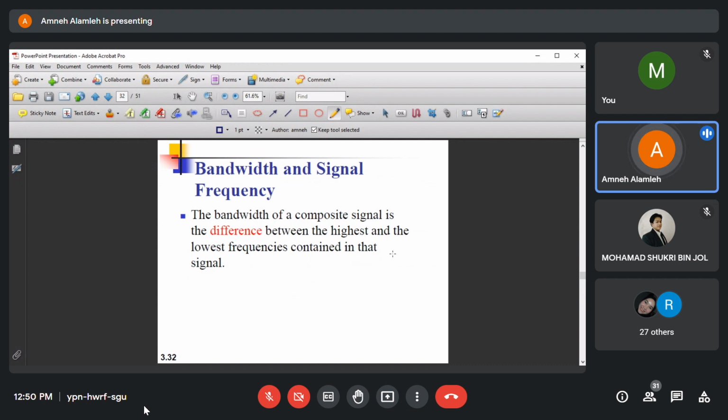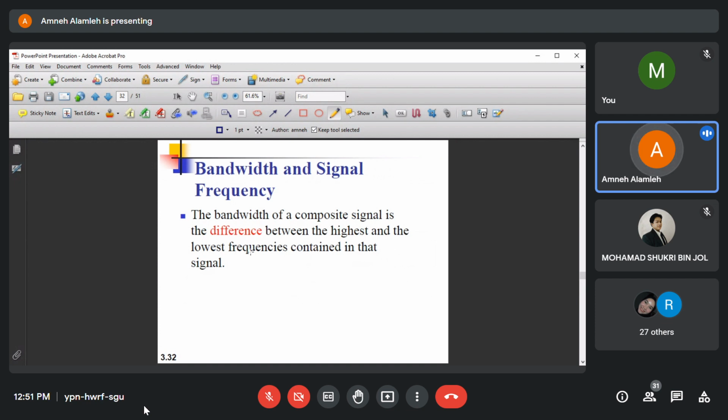Now we are coming to learn about a new concept in the signal world, which is the bandwidth, and the relationship between the bandwidth and the signal frequency. The bandwidth of a composite signal is the difference between the highest and the lowest frequencies contained in that signal.